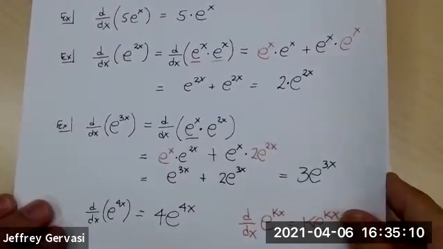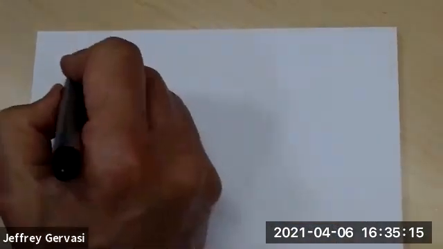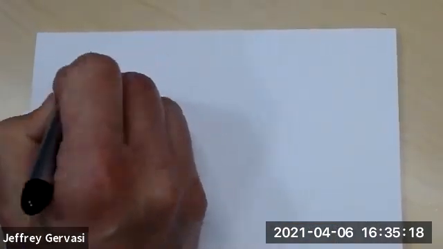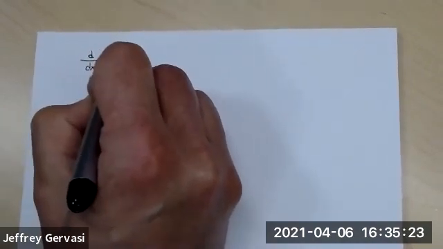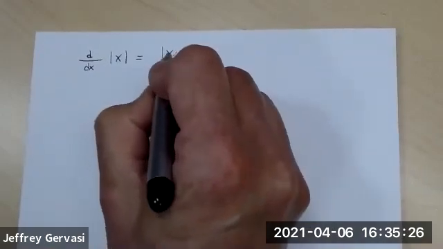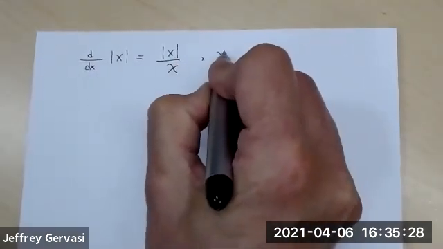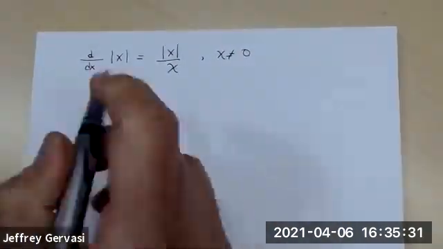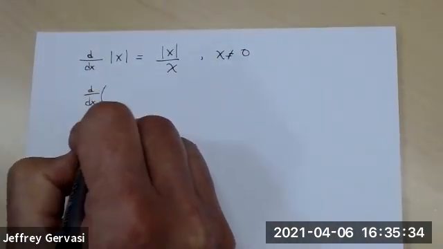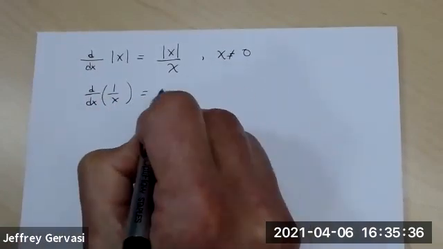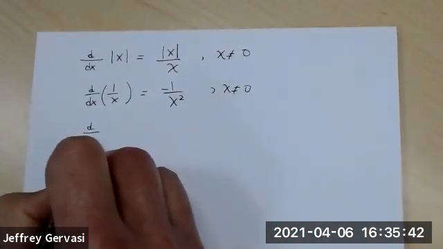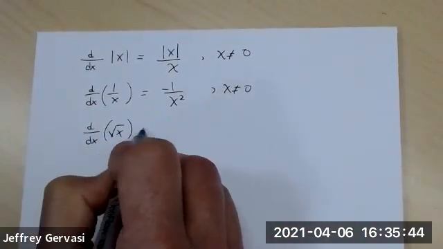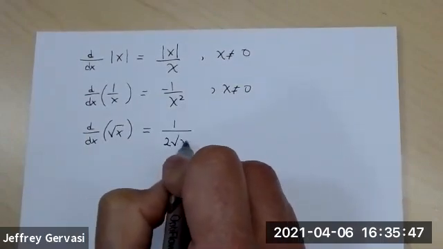Now, before we close this out, I think it's worth mentioning what we've got so far. We now know, over the course of all the work that we've done, that the derivative of the basic absolute value function is the absolute value of x over x. It was the very first derivative we ever found. We know that the derivative of the basic reciprocal function is negative 1 over x squared. We know that the derivative of the basic square root function is 1 over 2 square root of x.